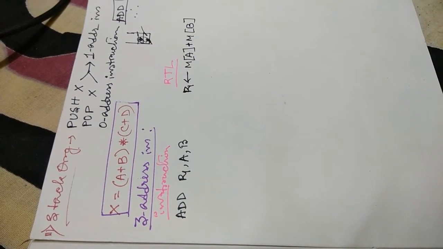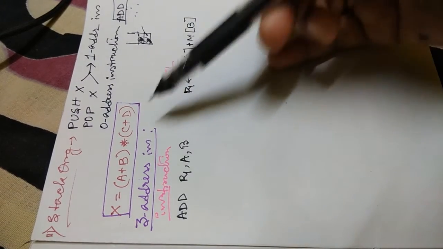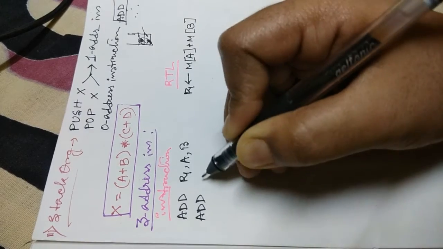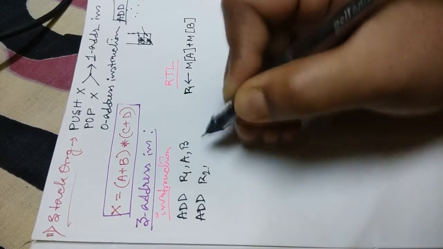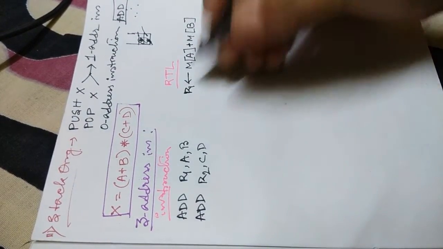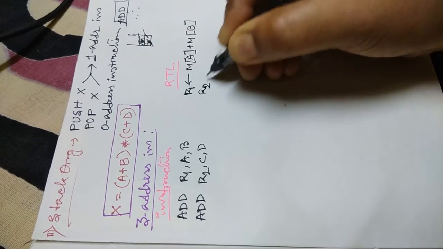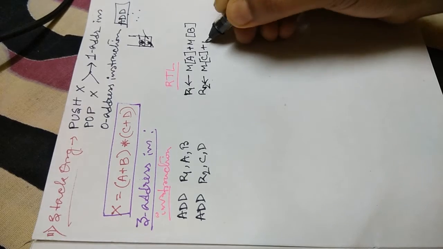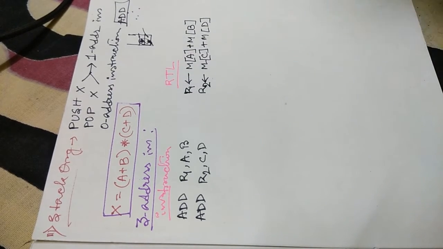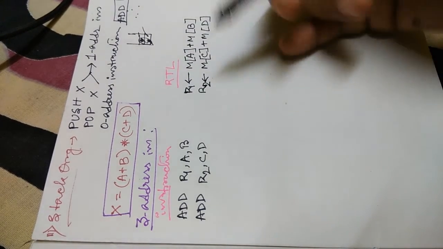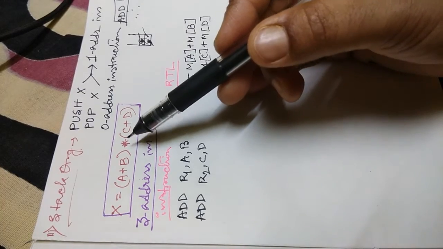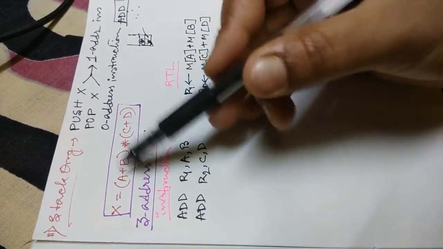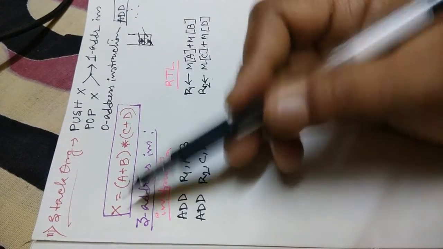Next step is to add C and D. Likewise, I can write add R2, C, D. That means in R2 I am storing the addition of M of C plus M of D. Next step is to multiply them, and I have to keep the result of this operation in X location.